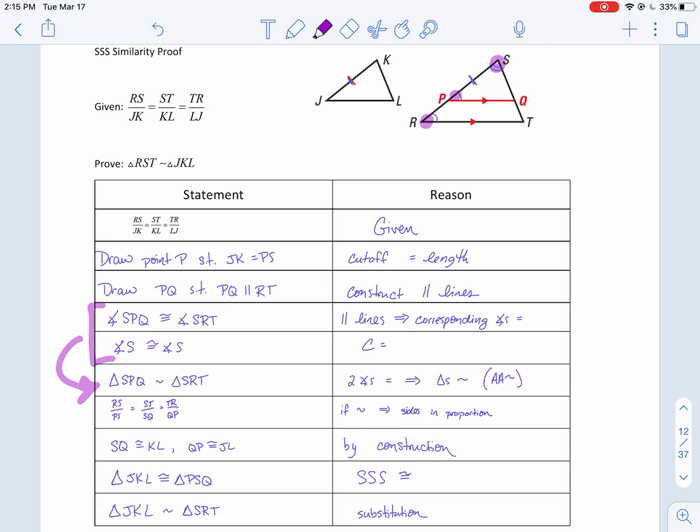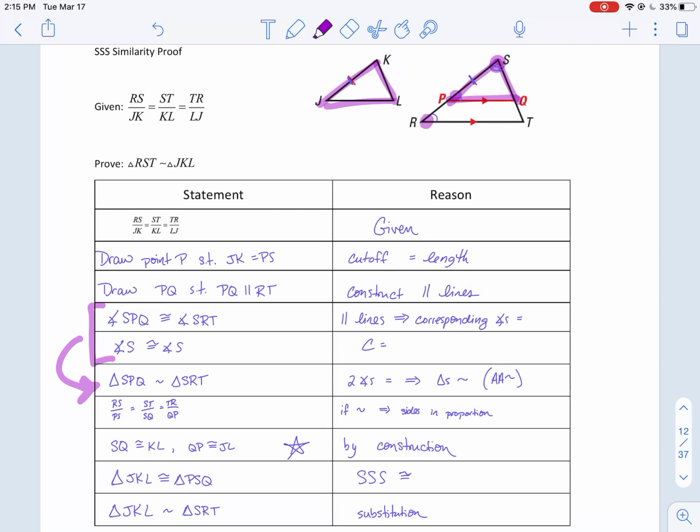Now that we know the triangles are similar, we can set up our proportion. And then from here, we're using the fact that we can construct a triangle equal to a given triangle. That's effectively what we've done when we created triangle JKL, and we're constructing it such that it's equal to SPQ.